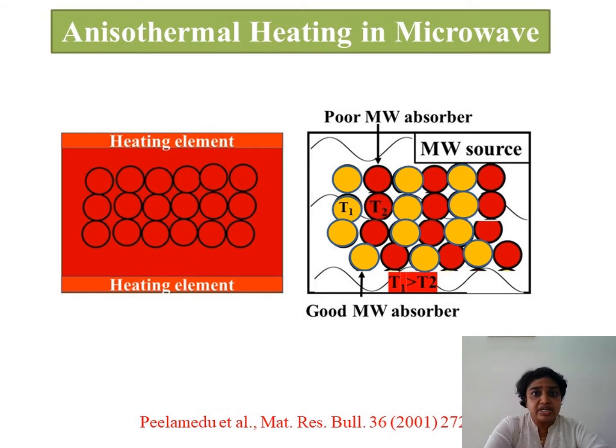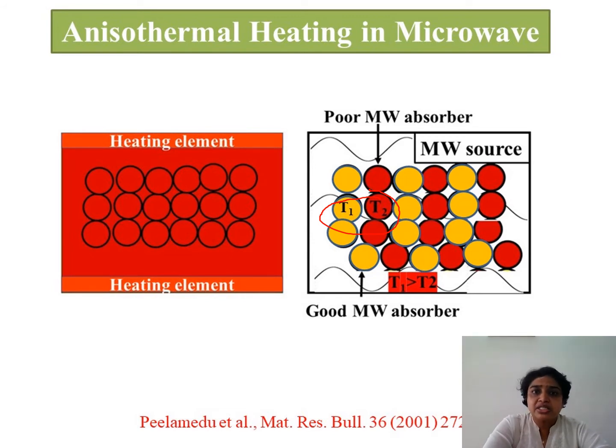Let's say T1, this orange or yellowish one, is a very good microwave absorber, so it will acquire a higher temperature. However, T2 is not that good an absorber, it's a moderate absorber, so it will not acquire that high temperature. So in this figure you can see that T1 is greater than T2. So this will create a non-isothermal, anisothermal condition.